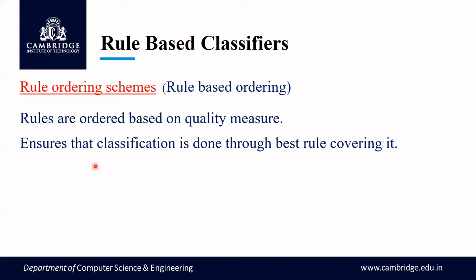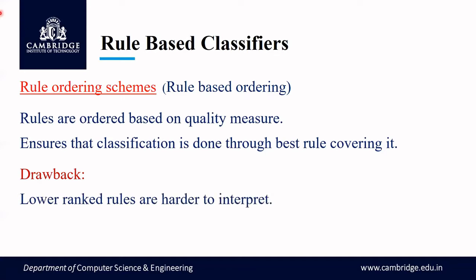It has a drawback. The drawback here is that the lower ranked rules are harder to interpret. The rules which are lower in the order are very hard to interpret. Why is it harder to interpret? Because those rules which are lower in the order would be considering the negation of the rules higher than them.